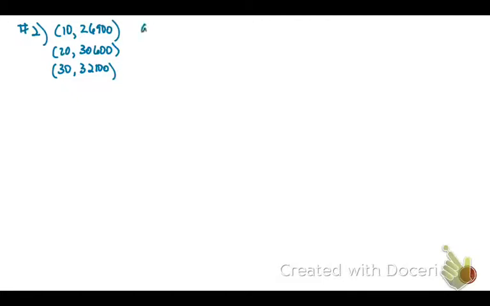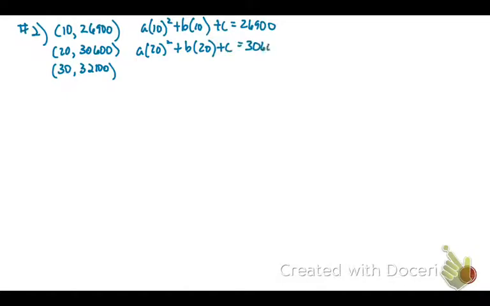In the first equation, it's going to look like a times 10 squared plus b times 10 plus my c value equals my y. Notice how you're plugging in your x values and your y values rather than a, b, and c. Now let's clean those up.